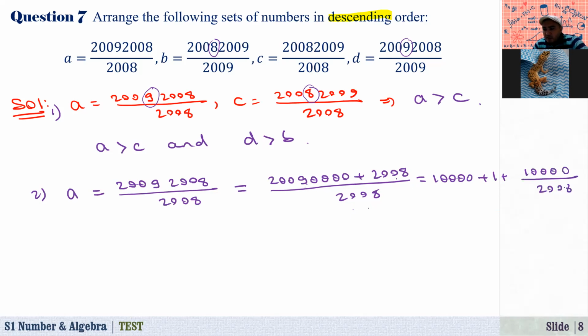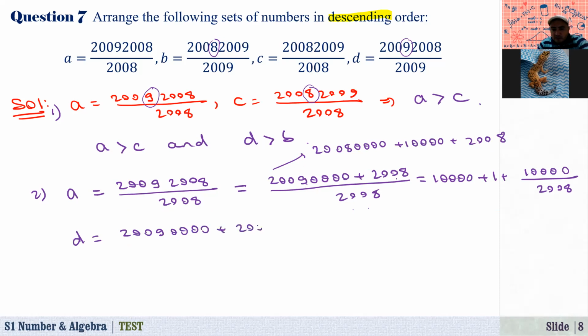Instead of 9, I can write 8 and then just add 10,000. If you simplify this, we will get this number. In a similar way, how about D? D is 2009 followed by 4 zeros plus 2008.